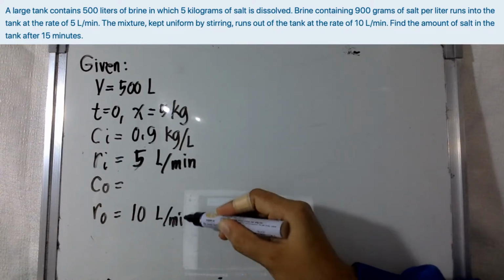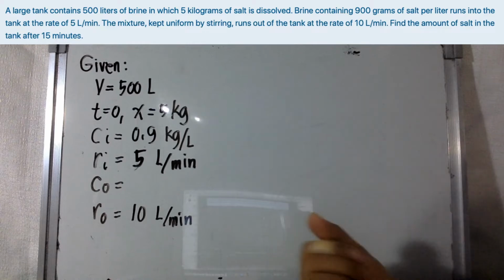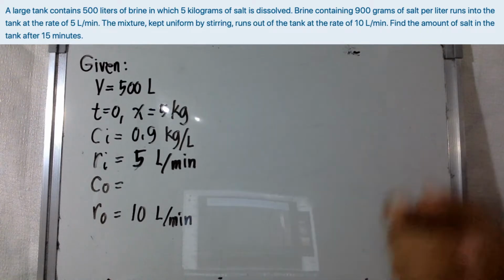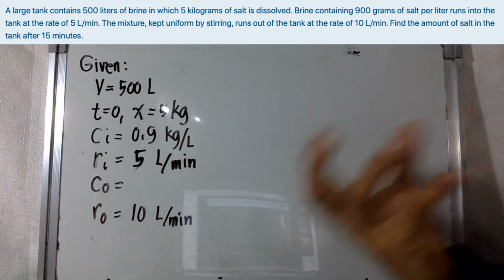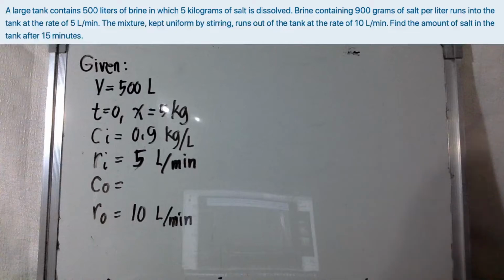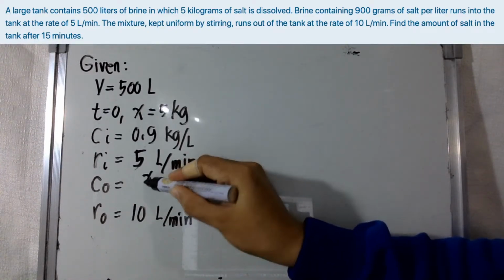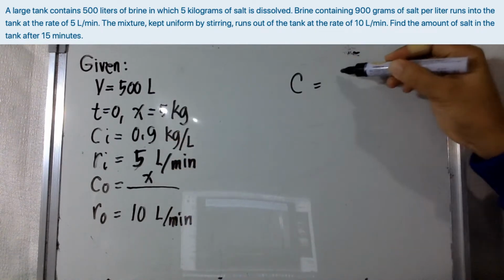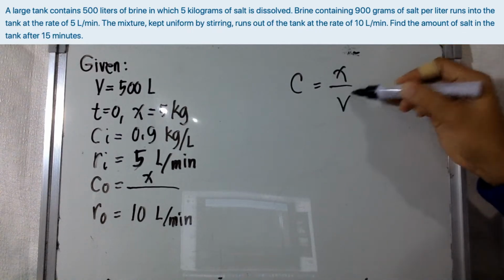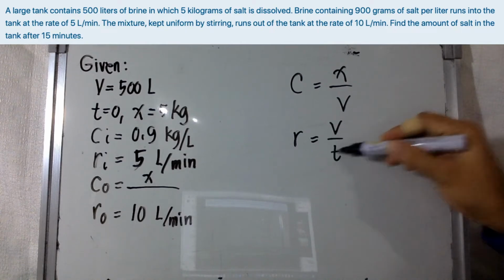So as you can see, the solution inside the tank runs out a little bit faster compared to the solution flowing into the tank. So it means that the volume in the tank will decrease. That's why the concentration out is represented by, of course, we don't know the amount flowing out of the tank, so x over, remember that concentration is equal to the amount over volume, and flow rate is equal to volume over time.